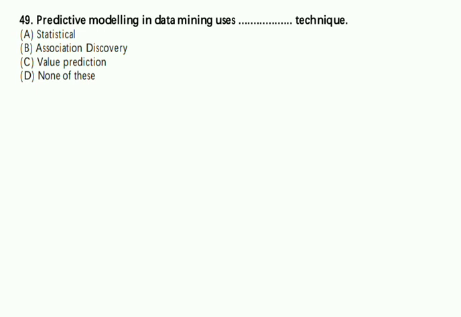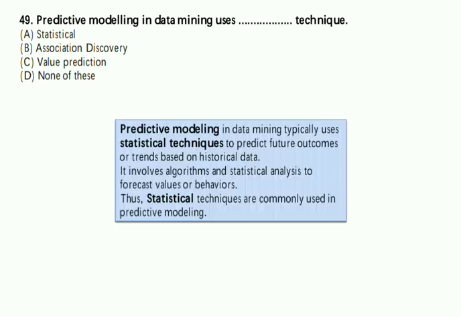Most often the event one wants to predict is in the future, but this modeling can be applied to any type of unknown event. Predictive modeling in data mining typically uses statistical techniques to predict future outcomes or trends based on historical data. It involves algorithms and statistical analysis to forecast values or behaviors.